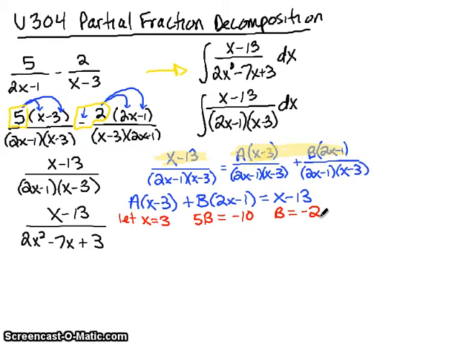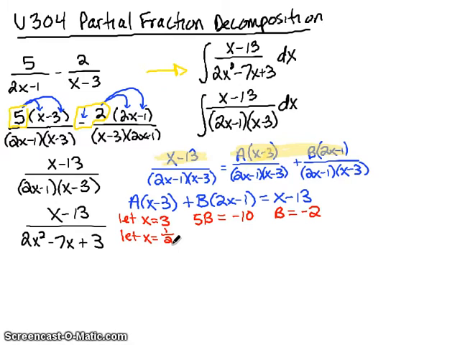Now we want to do something similar to get rid of our b, so we're going to let x equal 1/2. So if x is 1/2, if we look at that second term, 2 times 1/2 is 1, 1 minus 1 is 0, so we're going to have 0 times b.